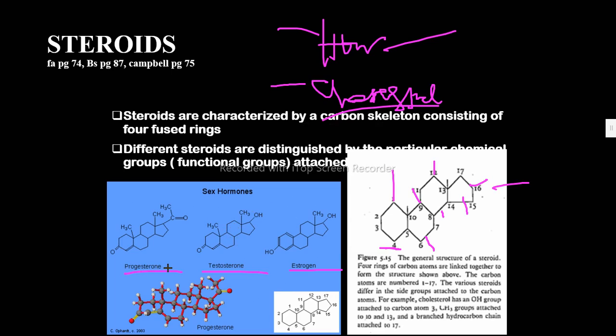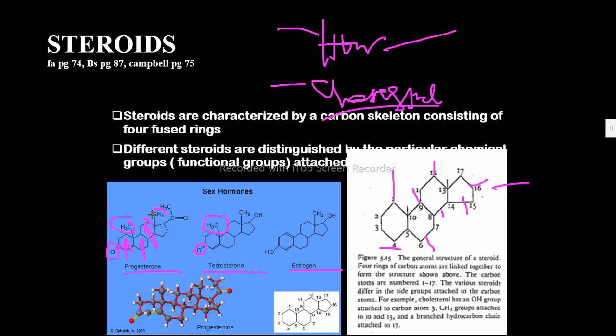For example, you can have a look. Progesterone and testosterone have the same rings, but the difference is on the groups. Here you have O, and testosterone also has O, and here you have CH3, and here you have CH3.